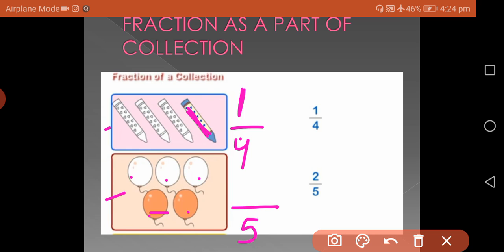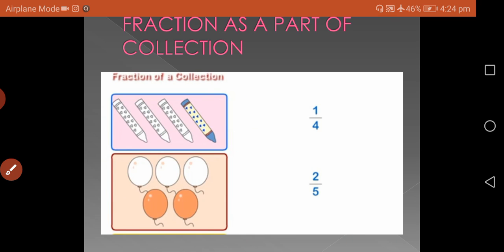So we write 2 here in the numerator, because the numerator tells us how many parts are taken out or shaded. So write 2 by 5. That is how we represent fraction as a part of a collection.